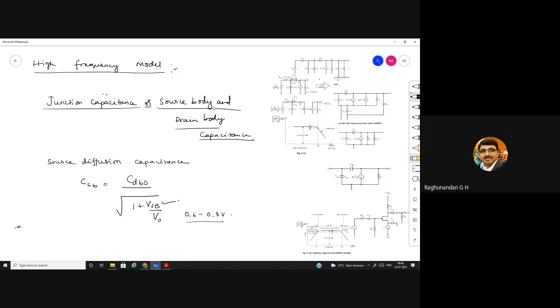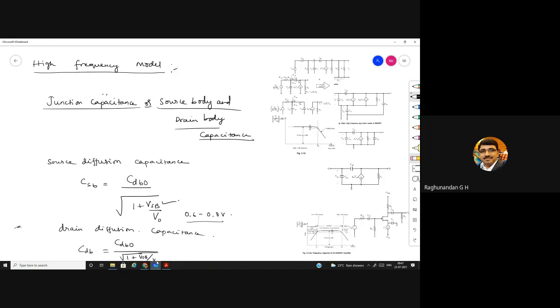In the same way for drain diffusion capacitance, we are having CDB is equal to CDB 0 by root of 1 plus VDB by V0.